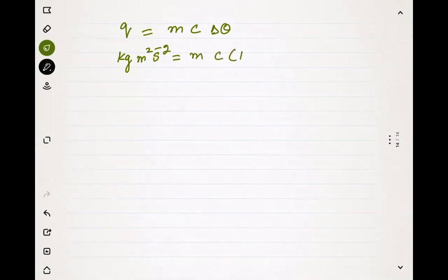If we substitute all the units, Q is equal to m into c into delta theta. The unit for Q is kilogram meter square second minus 2. On the right hand side, it is kilogram, c, and Kelvin. So c becomes kilogram meter square second minus 2 divided by kilogram and Kelvin.